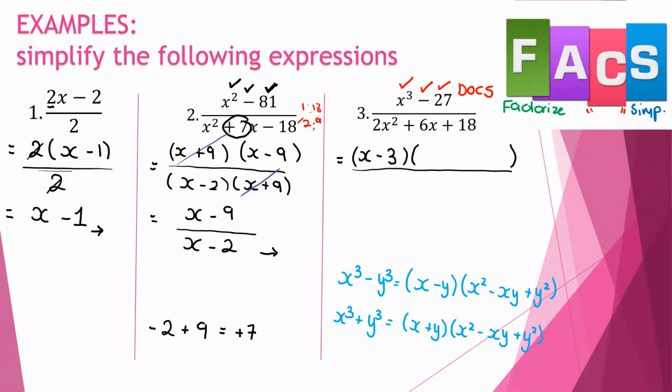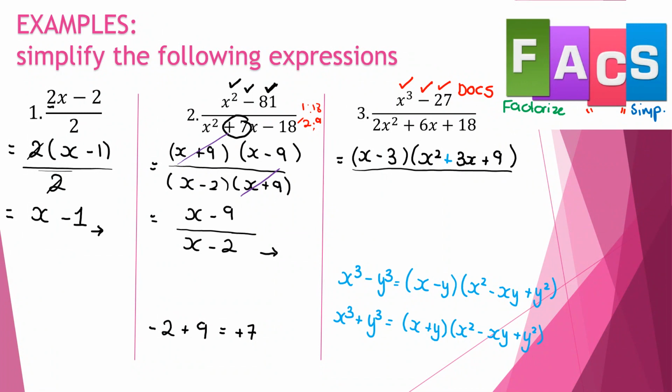And then for our first term in the second bracket, we say x squared. Then we multiply the two values in the bracket, which is 3x, and we give it the opposite sign. Okay, and then finally we square the 3, which gives us 9.